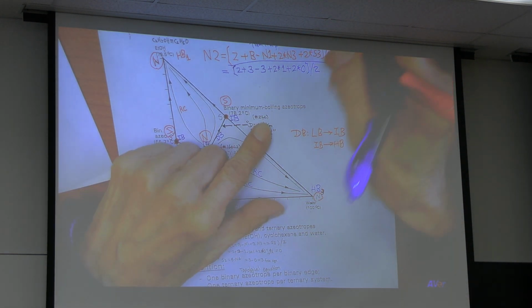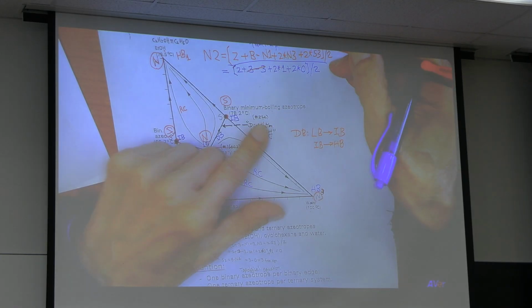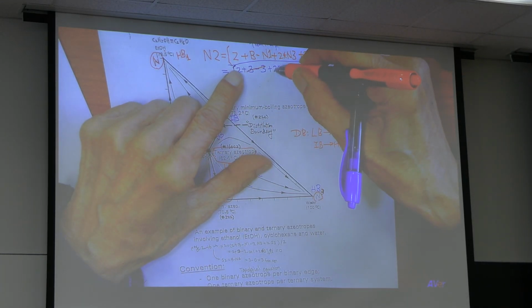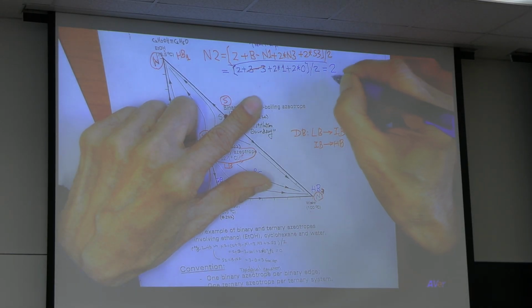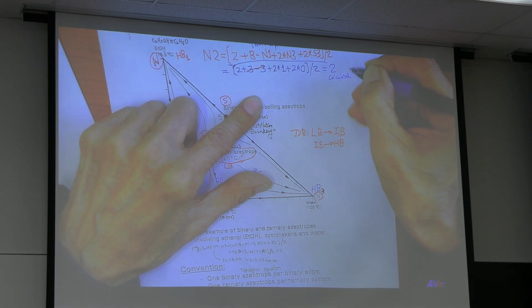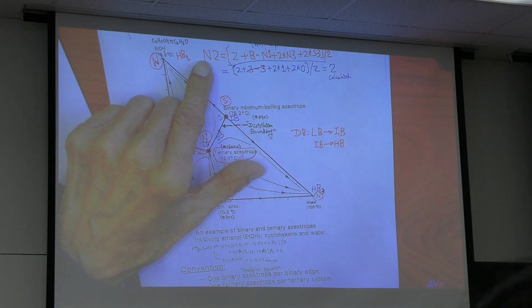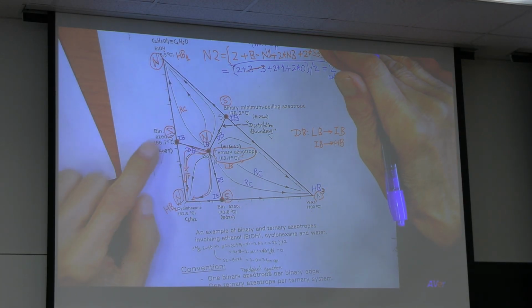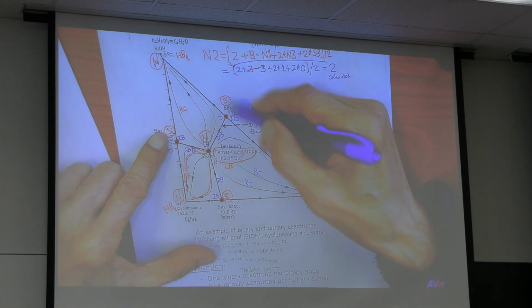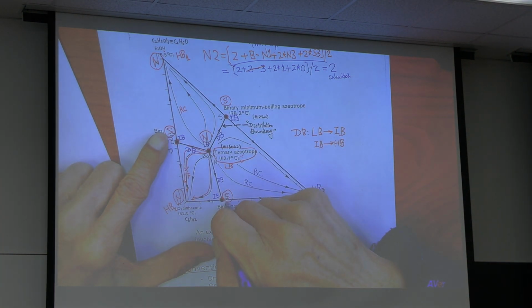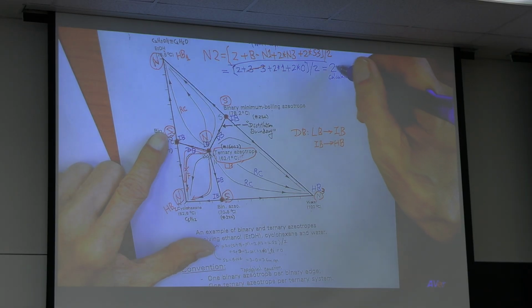So 3 minus 3, 2 plus 2, over 2. Calculated N2, 2-component node. This is calculated, okay?